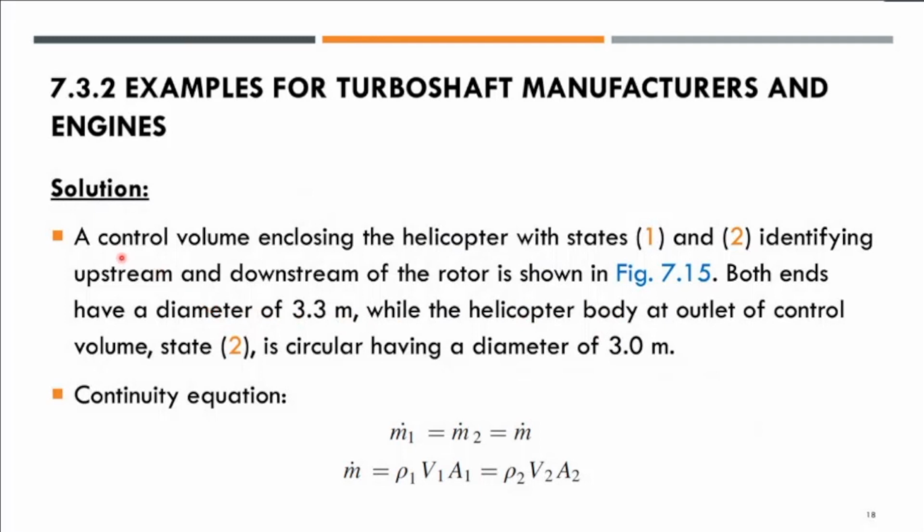In terms of the solution, we know the control volume enclosing the helicopter, states 1 and 2, identifying the upstream and downstream of the rotor, is shown in figure 7.15 just now, and both ends have a diameter of 3.3 meters.